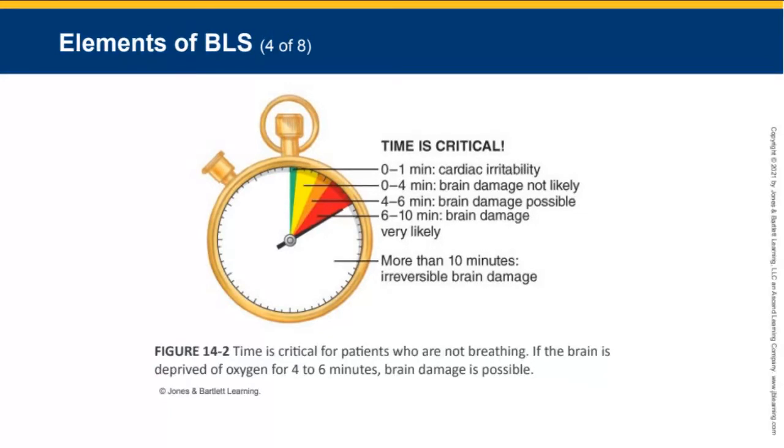And if it's more than 10 minutes, the patient is going to have irreversible damage. So time is critical for a patient who is not breathing, and we have a 4 to 6 minute window.